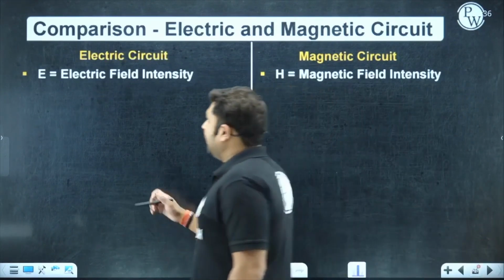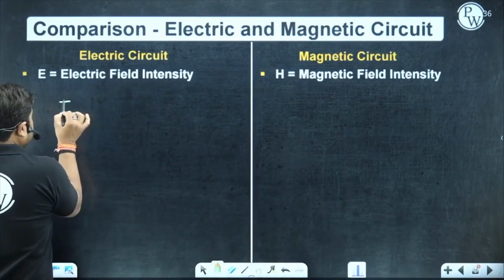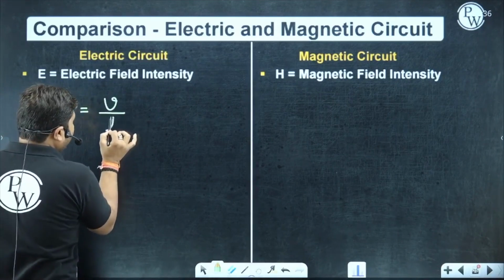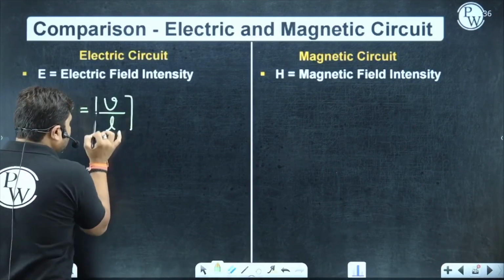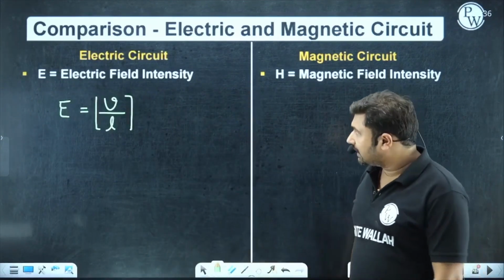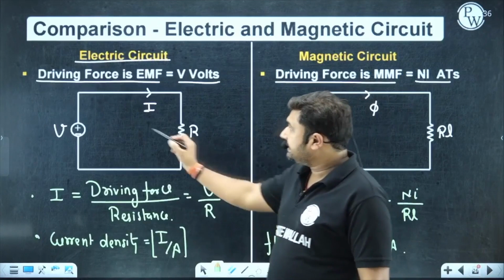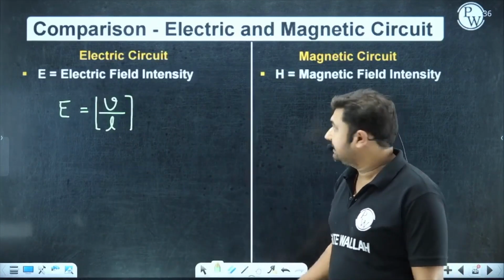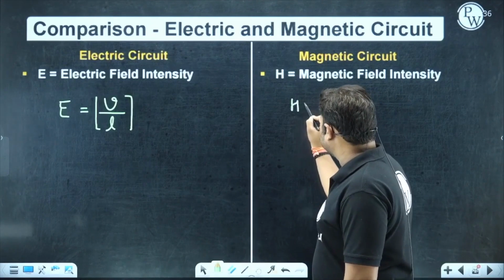Electric field intensity, E, can be defined as driving force per unit length of the conductor. What is magnetic field intensity?